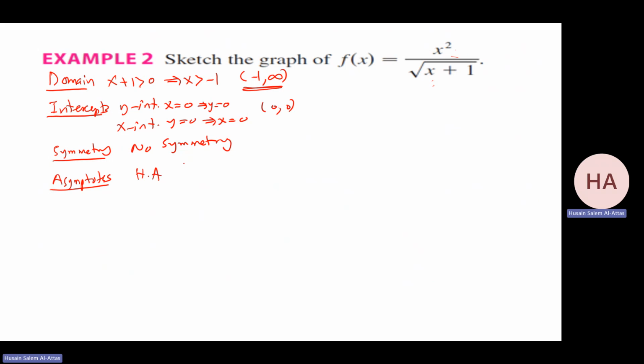So horizontal asymptote, no. Vertical asymptotes, yes. As x goes to minus 1, I have a vertical asymptote, x equal to minus 1. Okay, f prime. Let me find f prime. After doing the calculation, that will be f prime.